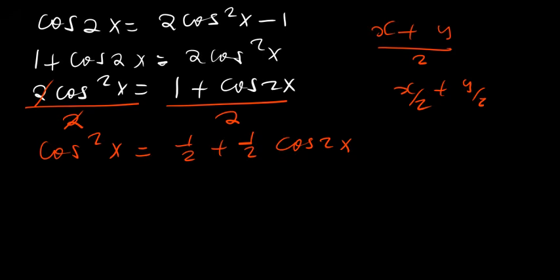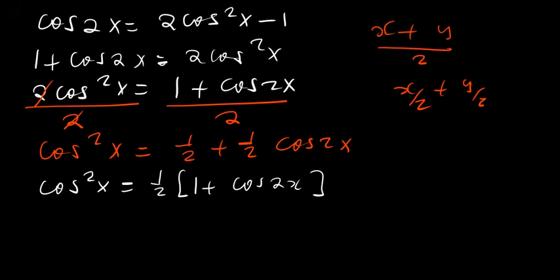When I reach this point, I'm going to factor out half. There's a reason why I'm doing this. Cos squared x will be equal to half of 1 plus cos 2x. So there is also another identity that you need to know, that cos squared x can be replaced by this.